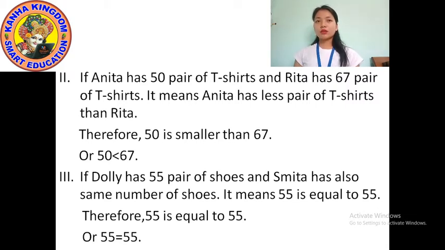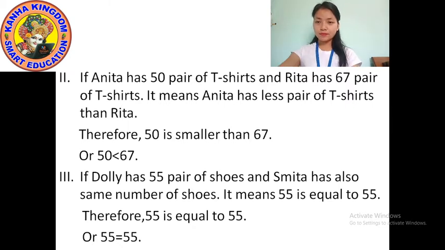We see three symbols: the symbol of greater than, the symbol of smaller than, and the symbol of equal to. See, you are clear that 55 is equal to 55. The two small parallel lines are the symbol of equal to. It reads as 55 is equal to 55.